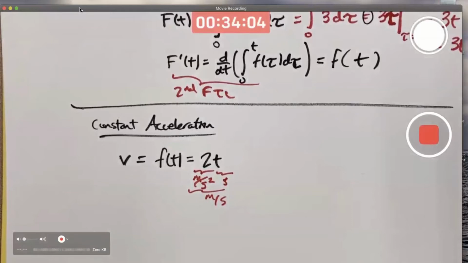But again, since it's one directional motion in a positive direction, with no turning around, velocity and speed are the same thing. In general, the speed is the absolute value of velocity. We're not going to do negative velocities today, maybe on Friday.